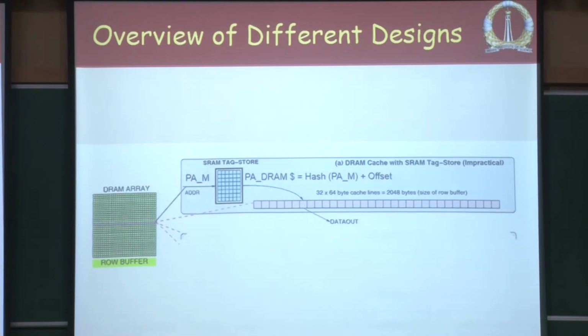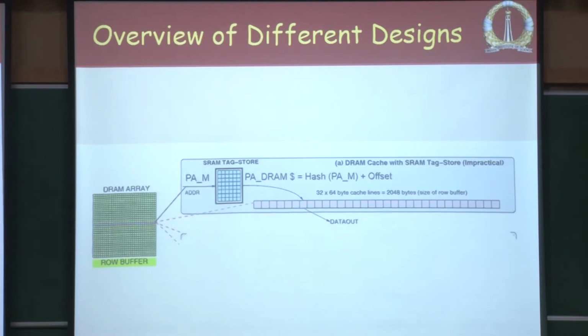Depending on what the tag match is, I can get the way offset, the so called way number. Now, if I add that way number appropriately with this set number, which is basically this is a set number and this is a way number, if I add these two things, it tells me where exactly the data would be available.